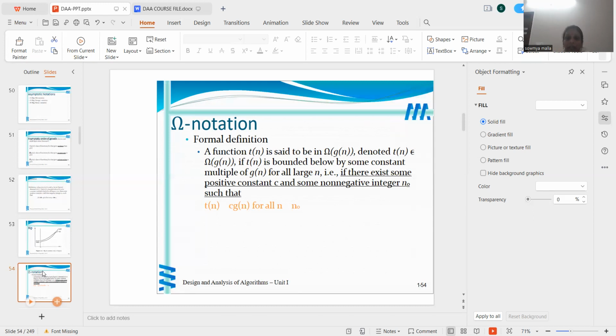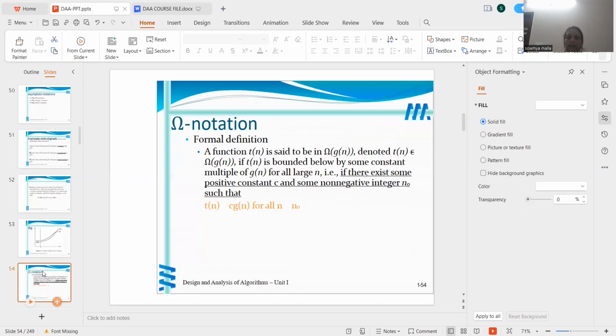We can calculate the minimum amount of time that an algorithm requires for its execution. So it is mainly useful in order to calculate the best case time complexity of an algorithm, because it gives the minimum amount of time an algorithm requires for its execution. So big omega notation is the best case time complexity of an algorithm.